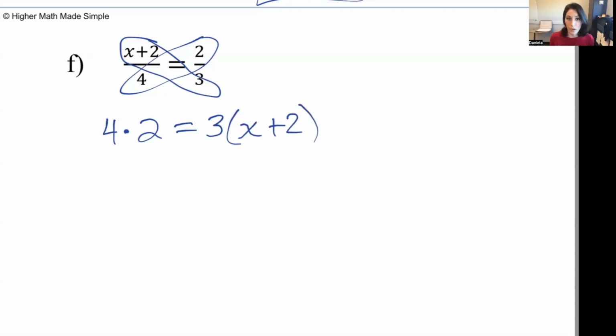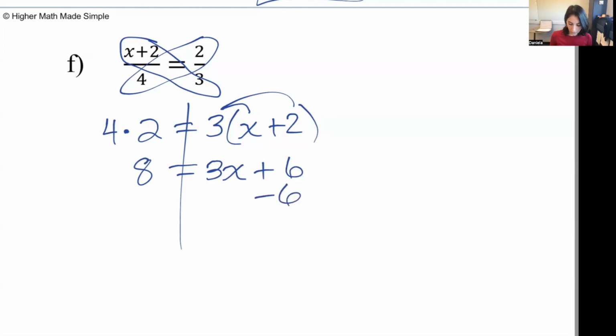That's a binomial there. So the part that people miss is then you should be distributing that 3, right? So 4 times 2 is 8, distributing there. So we get 3 times x plus 6. We're going to get those like terms together by subtracting, which is opposite of adding. 8 minus 6 is 2 is equal to 3 times x.